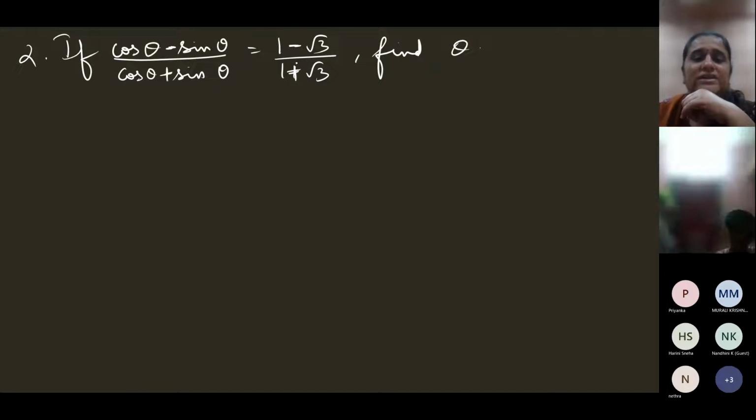On the left hand side, in the numerator, it is something minus something. On the right hand side also, in the numerator, it is something minus something. On the left hand side, in the denominator, it is something plus something. On the right hand side, in the denominator, again, it is something plus something.